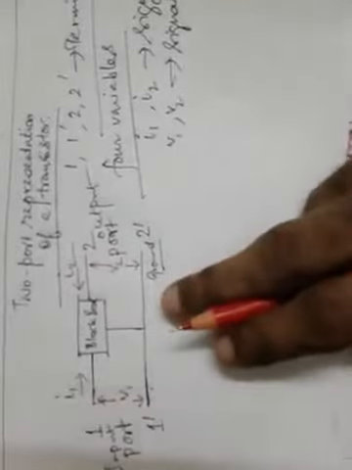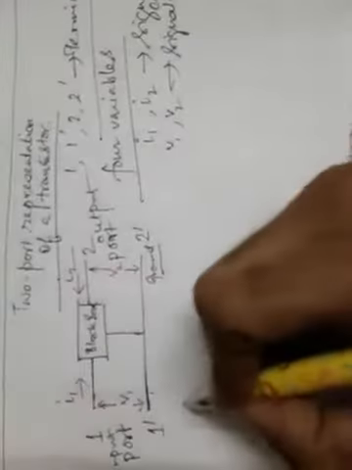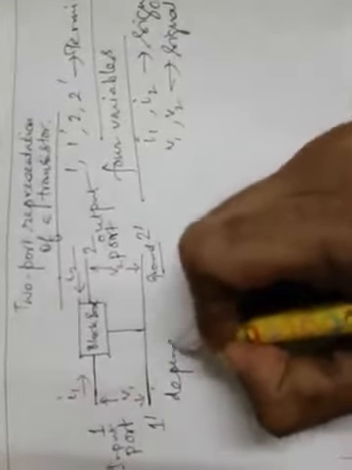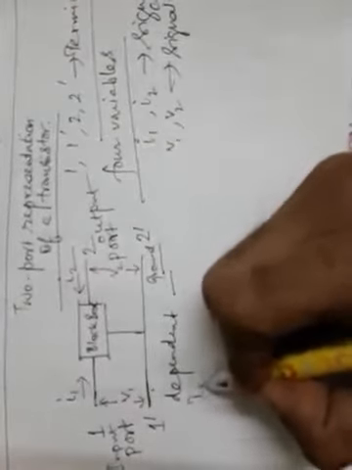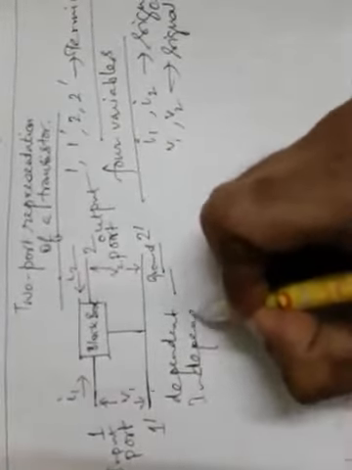So this is how we can map these 4 variables in this diagram or in this representation. Now once this is done, we can write a pair of equations using all these 4 variables. To write the pair of equations, we have to consider 2 variables out of these 4 as dependent variables and the other 2 as independent variables.